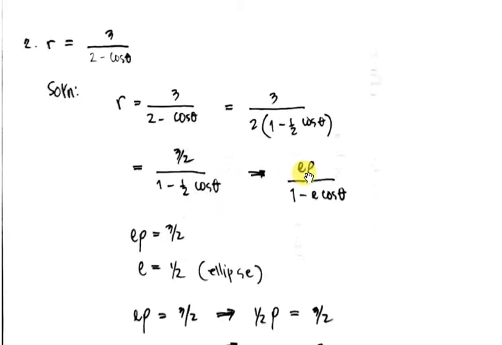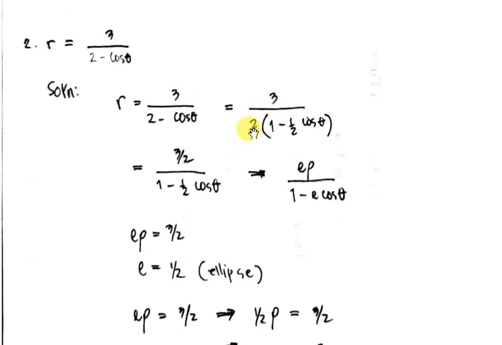And for number 2, r equals 3 over 2 minus cosine theta. We must bring out this constant in order for us to have a 1. The 1 should come first according to our given formula. So algebraically we get 3 over 2.